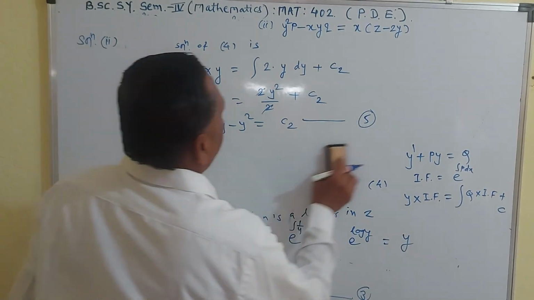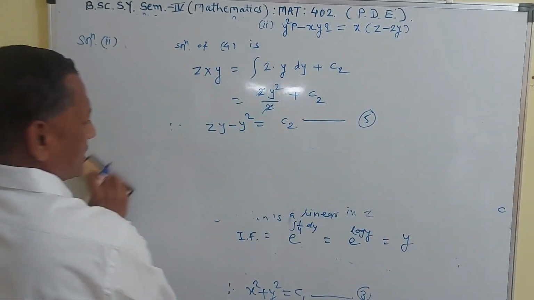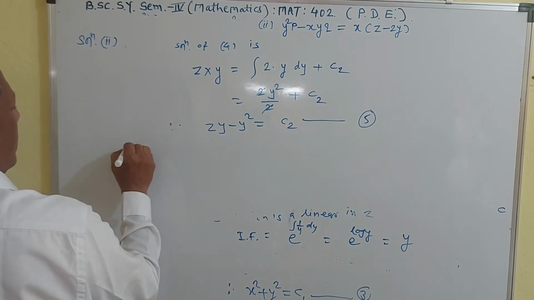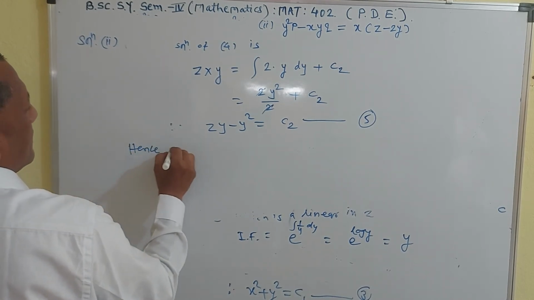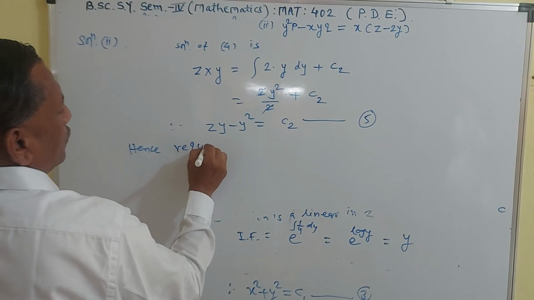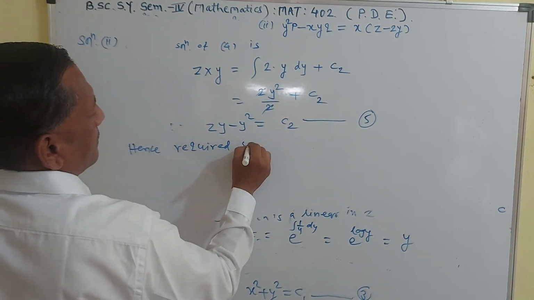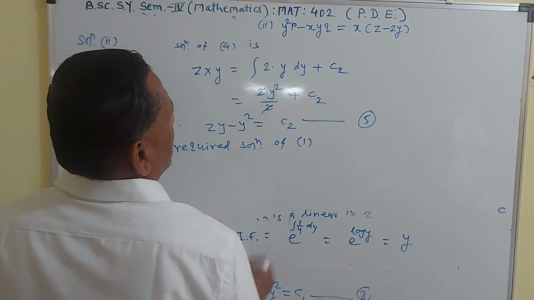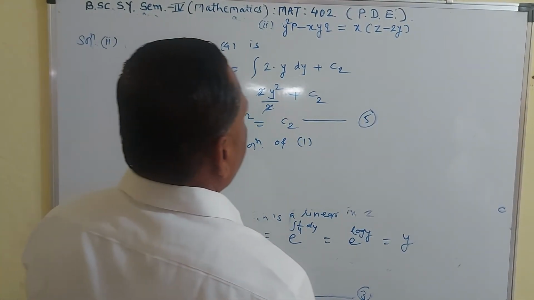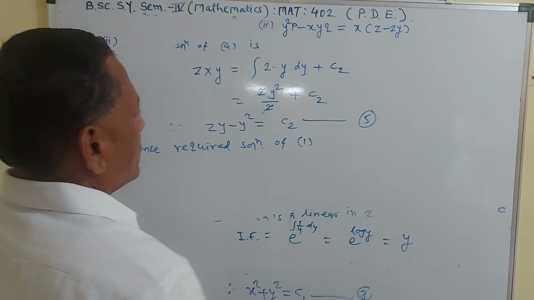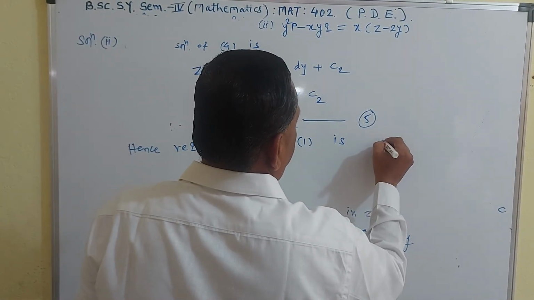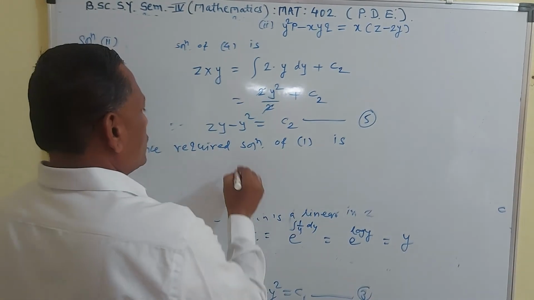So the required solution of the given partial differential equation 1, that is y²p − xyq = x(z − 2y), is of the format φ(u, v) = 0.